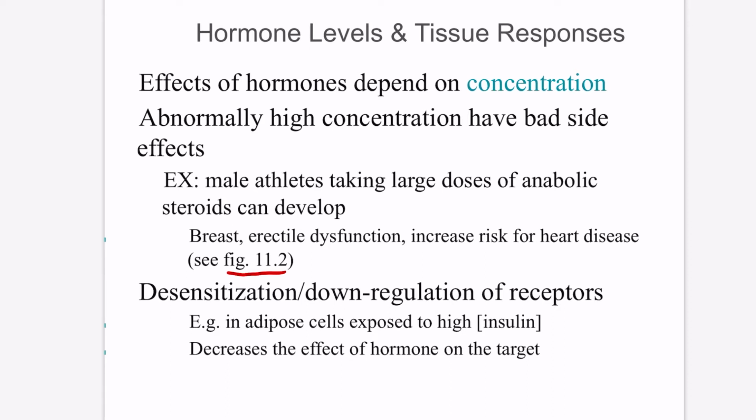An example of this would be in adipose cells that are exposed to high insulin concentration for a long time. What's going to happen is there's going to be downregulation of receptors, which means there's going to be a reduced amount of receptors so that it won't respond to even the high concentration of insulin. And what that's going to do is decrease the effect of the hormone on the target.